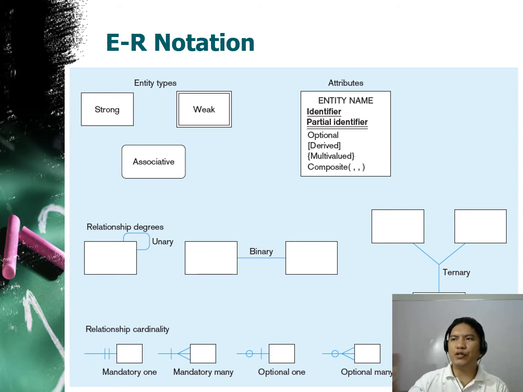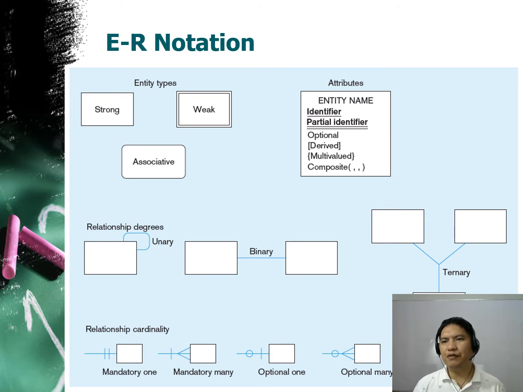You see the attributes are also inside a box, with the entity name and the corresponding attributes. Please make sure to underline the primary key, and if you have a foreign key, you can use a broken underline.